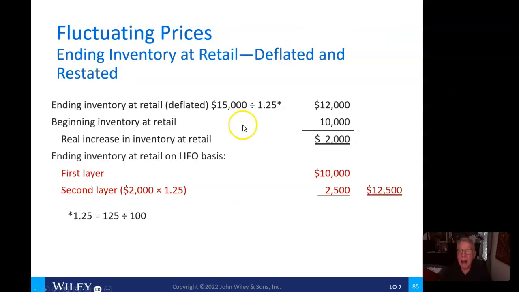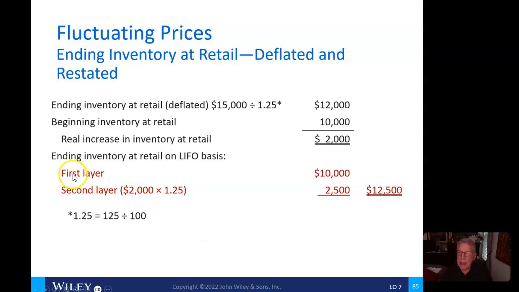So if I do that, here's my ending inventory at retail. I'm going to divide that by 1.25. That takes it down to 12,000. My beginning inventory at retail, 10,000. So my real increase in inventory at retail was $2,000.